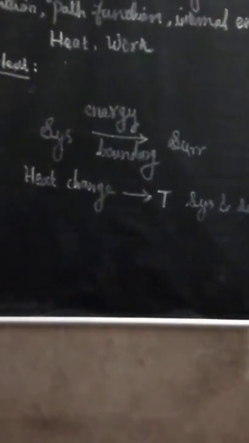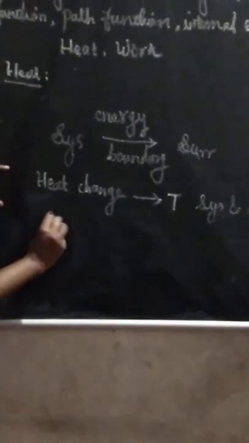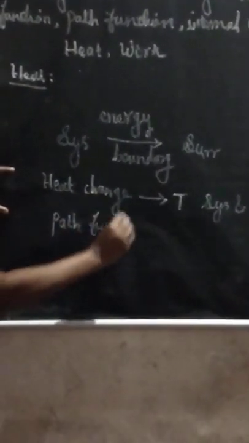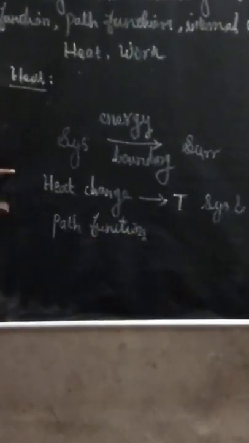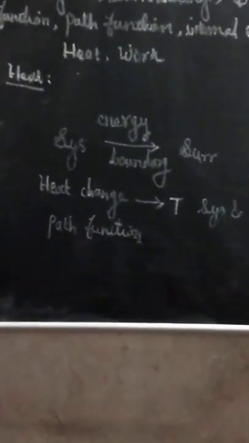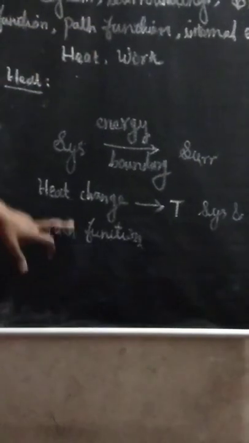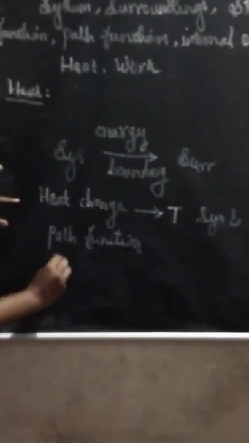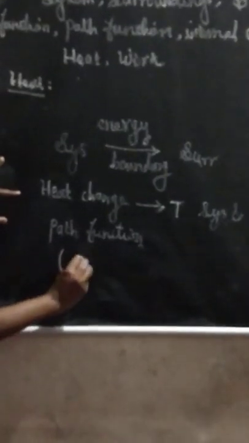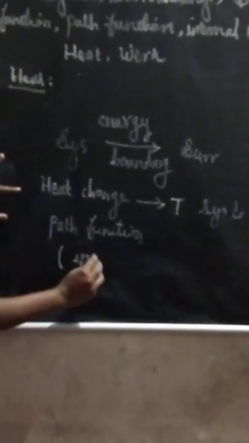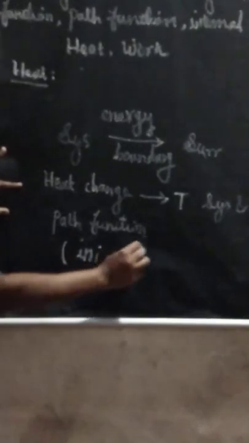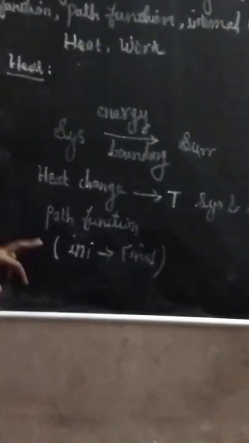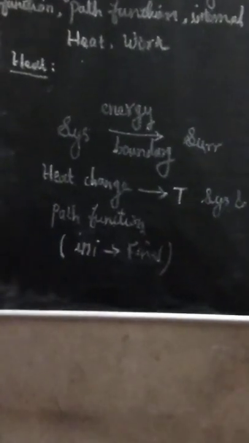This heat is a path function. Path function means, we already learned this topic, the system changes from its initial to final state.